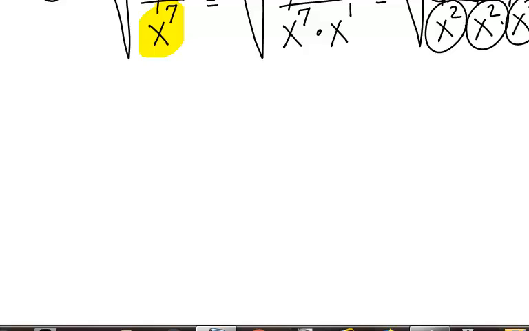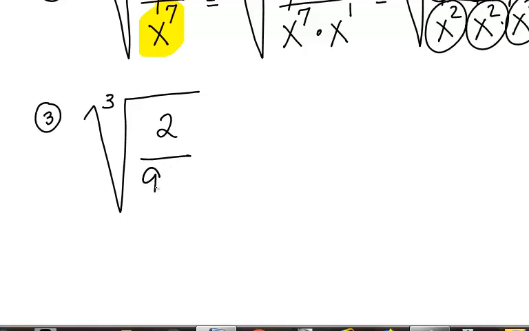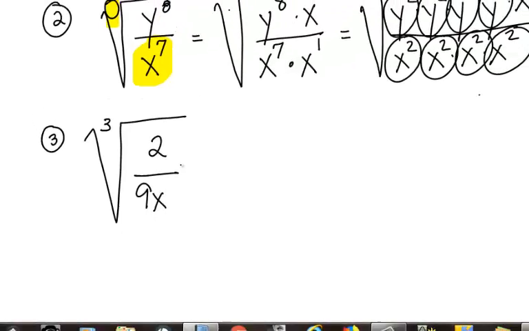Okay, let me give you one that's a different index. So I have the cube root of 2 divided by 9x, and that's all underneath the one radical. The cube root of 2, and it's all over 9x.